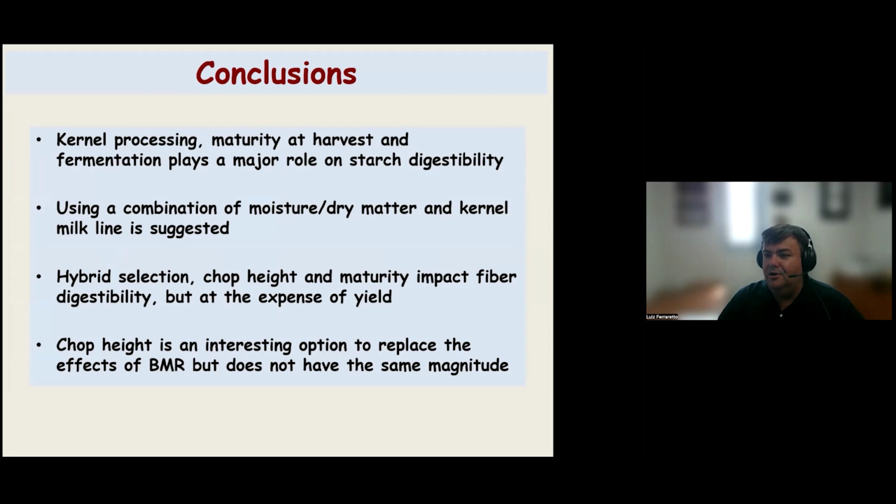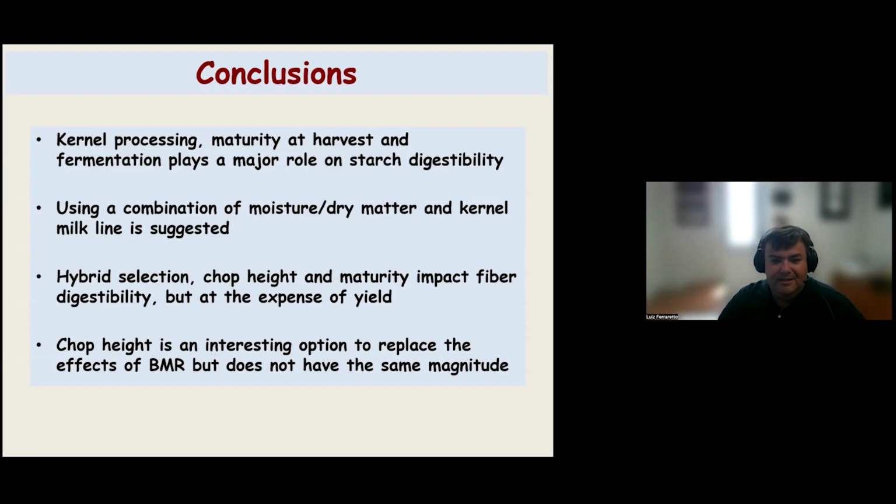So it's not like we know that 35% dry matter matches exactly the 2/3 kernel milk line. Nowadays we don't know that. So we have to be very careful because you don't want to end up with very dry or very wet material because of fermentation issues, but you also don't want to end up with very hard kernels that you cannot break at harvest. You also don't want to miss on starch, right?